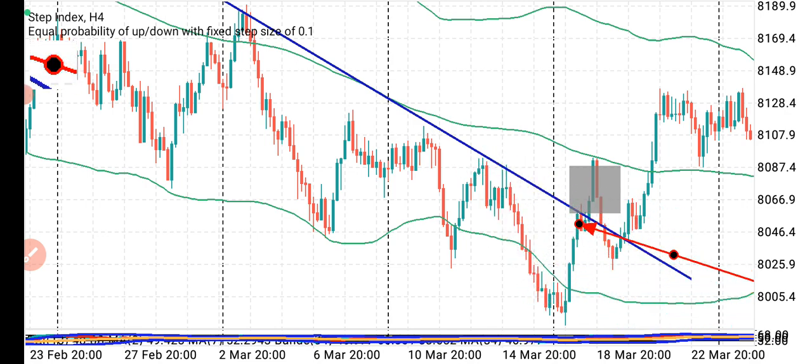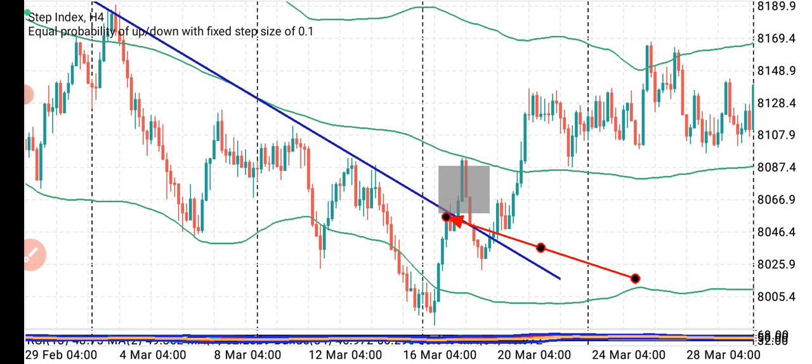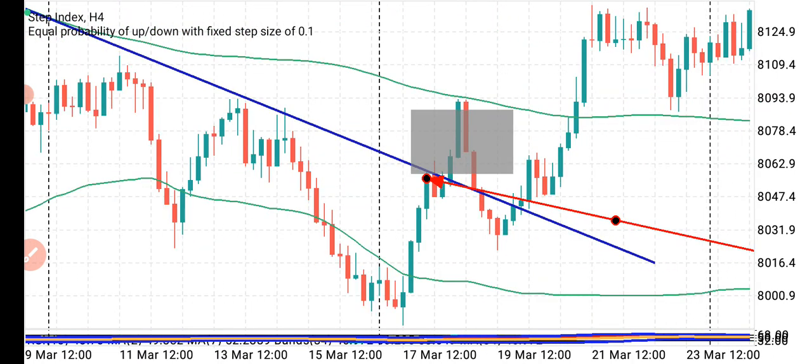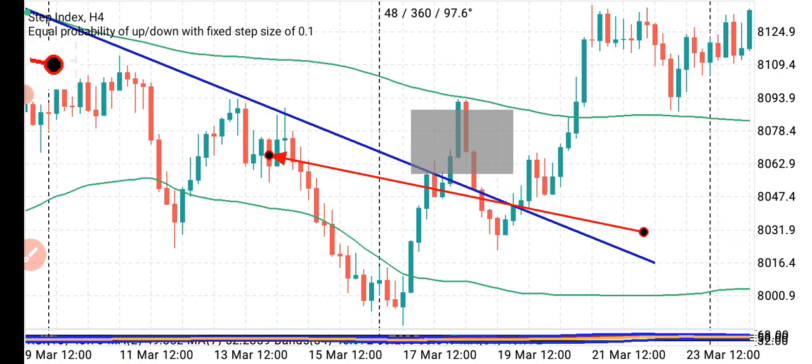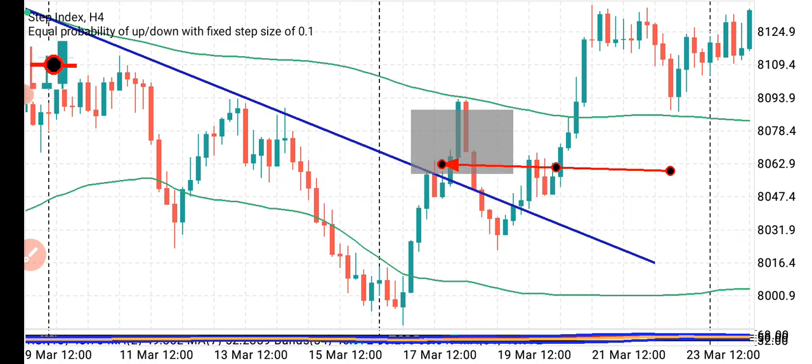Now at this point, you can see that price pulls back to the trend line, and gave us this bearish candlestick pattern. But look at what happened.